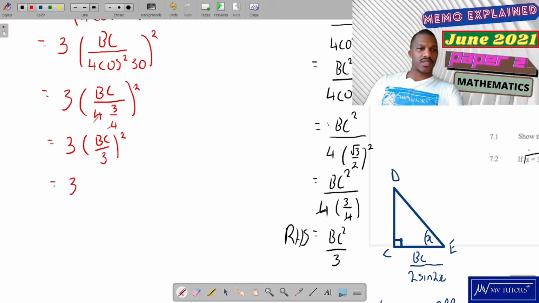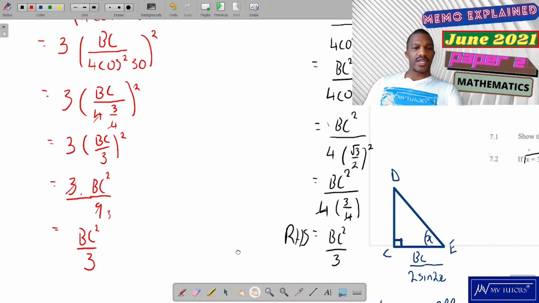We can square it now. That's going to be 3. BC squared is just BC squared, and then 3 squared is 9, and then eventually the 3 cancels with the 9, because that's on top, and then you'll have BC squared is equal to, 3 goes into 3 once, 3 goes into 9 3 times, so BC squared over 3.